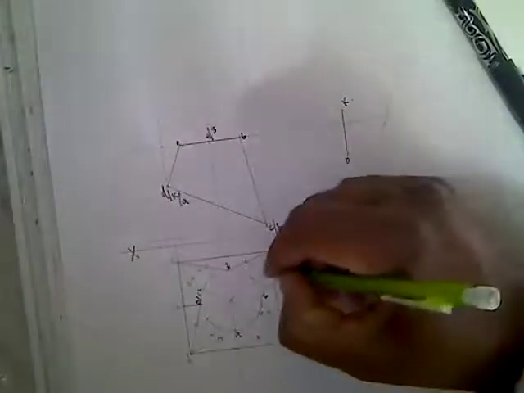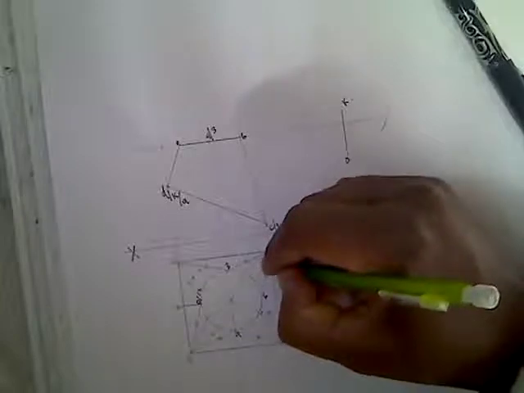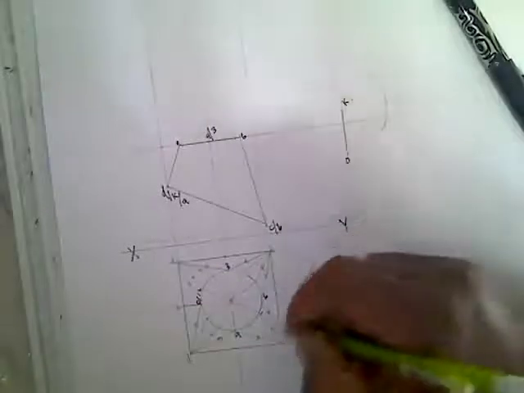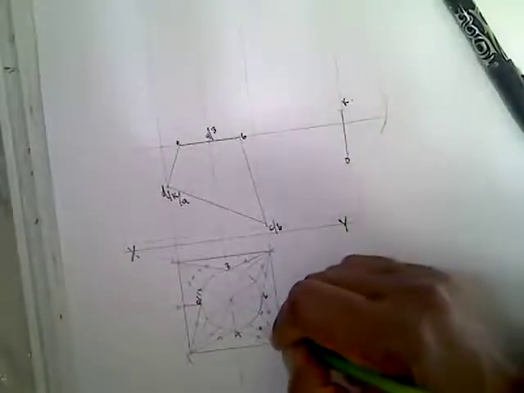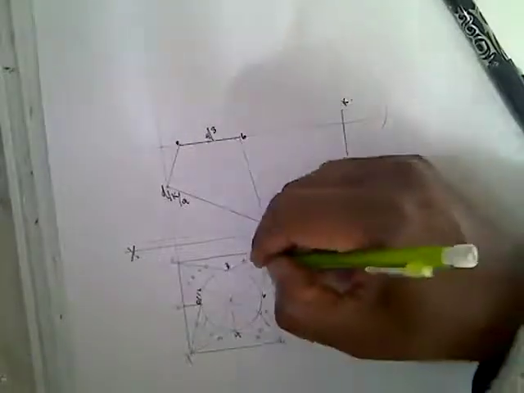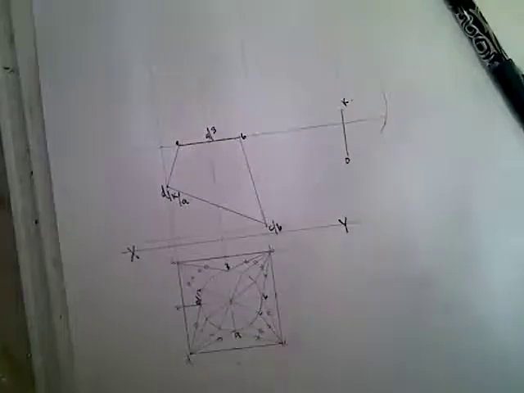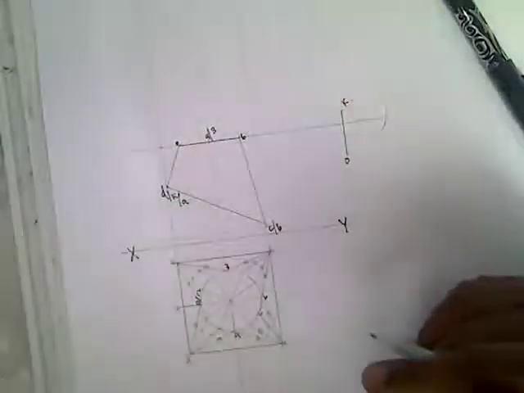And then this one will be equal to that one, equal to that one, and from that end it will be equal to that one. Right? So I must get the true length of those lines.